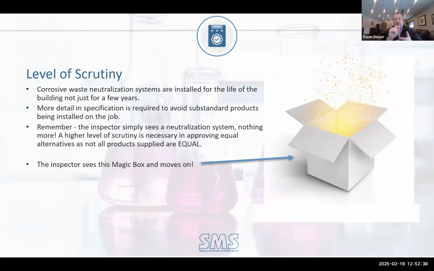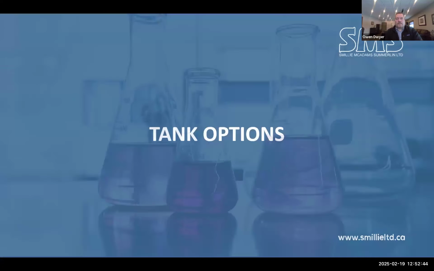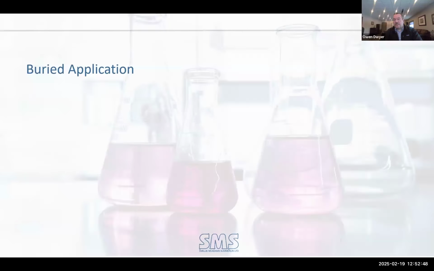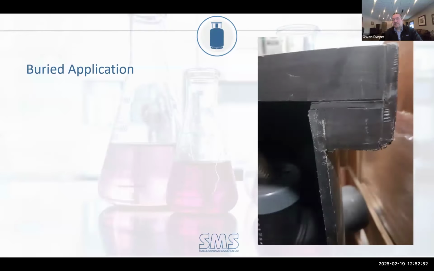So the inspector sees, okay, I know there's supposed to be a neutralizer, but they're not going to stand there and make sure that it's neutral on its discharge. So it's up to the specifying engineer to scrutinize equal submissions, because there is no code. These are engineered solutions, so you can't say, oh, it must be compliant to CSA or NSF or ASTM. These are designed specifically for volume and pH control.